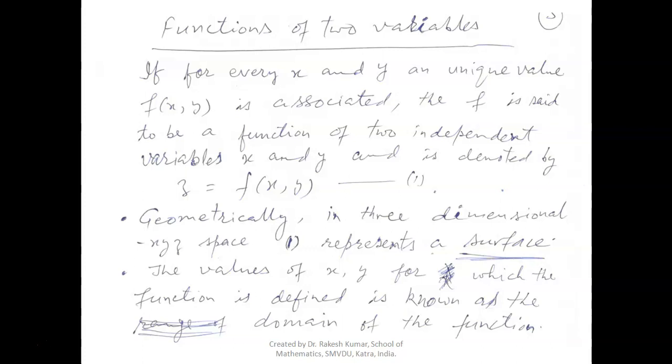If for every x and y a unique value f(x,y) is associated, then f is said to be a function of two independent variables x and y, and is denoted by z = f(x,y). It is equation number 1.